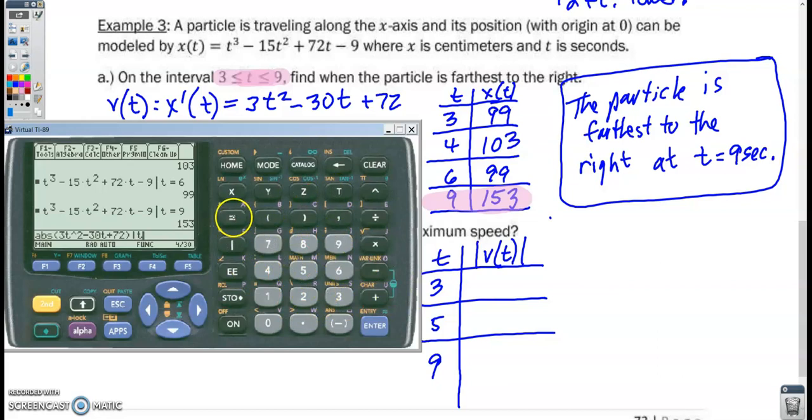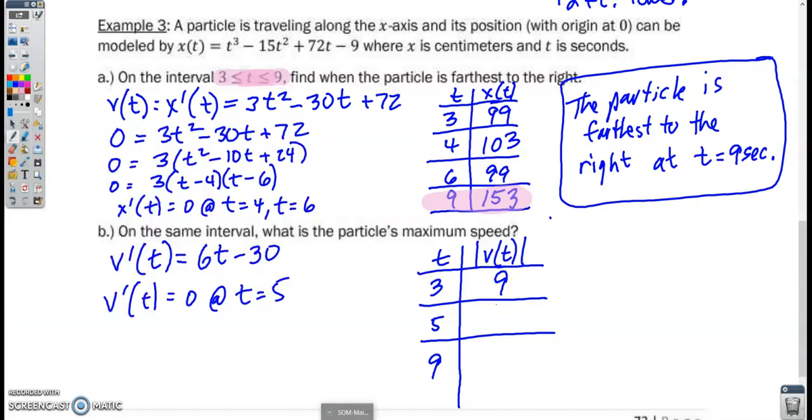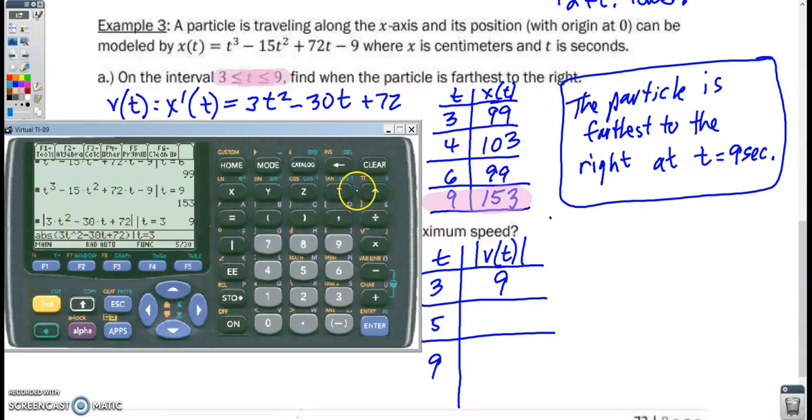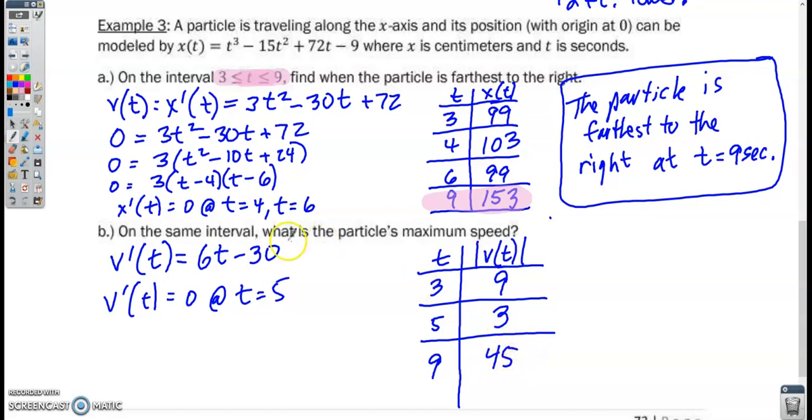Evaluated at t equals 3, that's 9. Evaluated at t equals 5, that's 3. And at t equals 9, that's 45. Now this time the question asks, what is the particle's maximum speed?